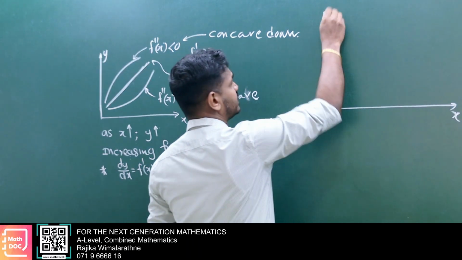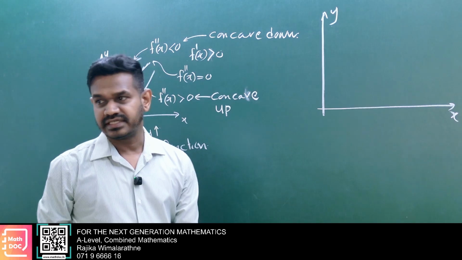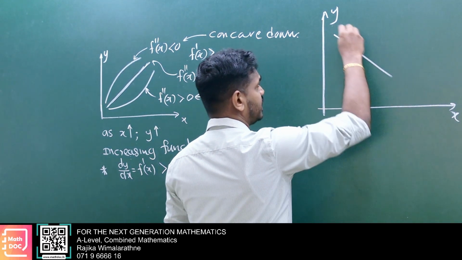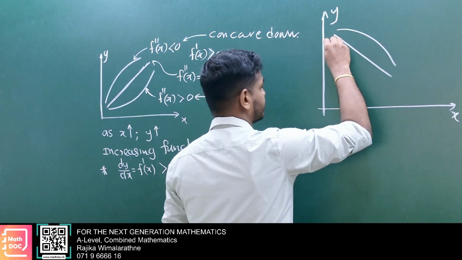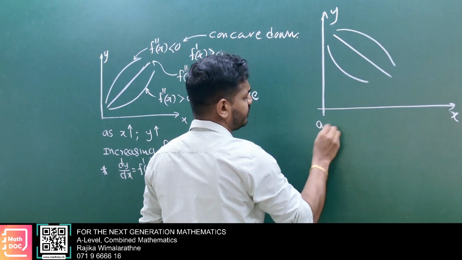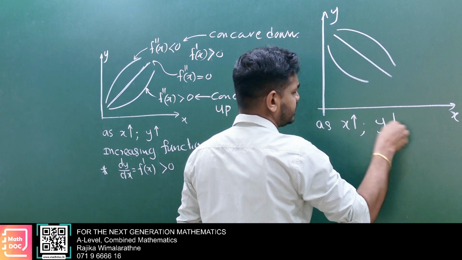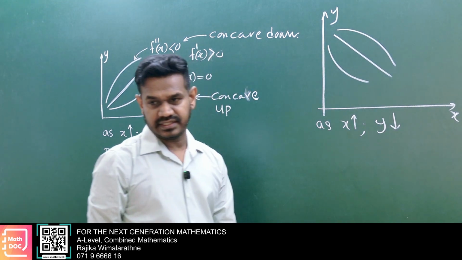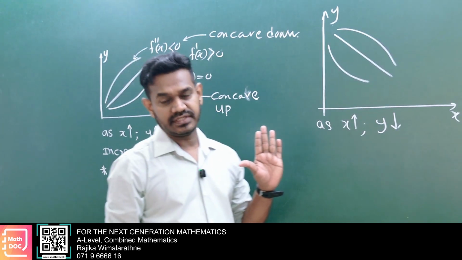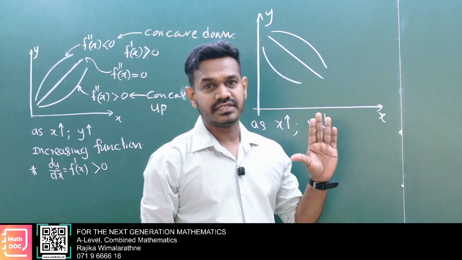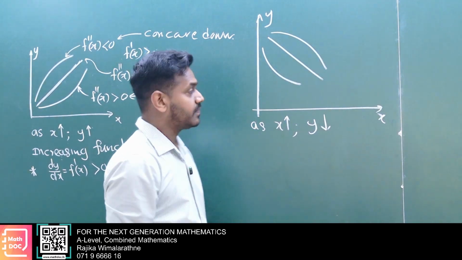Now further, you consider this. Here x-axis, y-axis. You consider a graph like this. As x increases, y decreases. We call that a decreasing function. Previous one increasing function, now this one decreasing function.